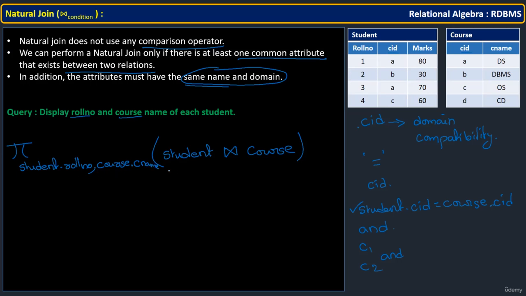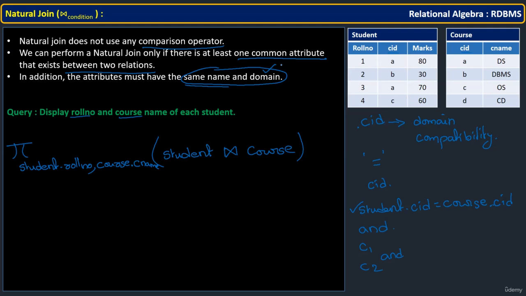So natural join is useful whenever common attributes are there in both the tables, and if they satisfy this, especially the domain part, then you can go for the natural join. You don't need to write down the condition part explicitly. And not only that, however many attributes are common in both the tables, that many conditions it frames using the equal operator, and between every condition it puts the logical operator AND.